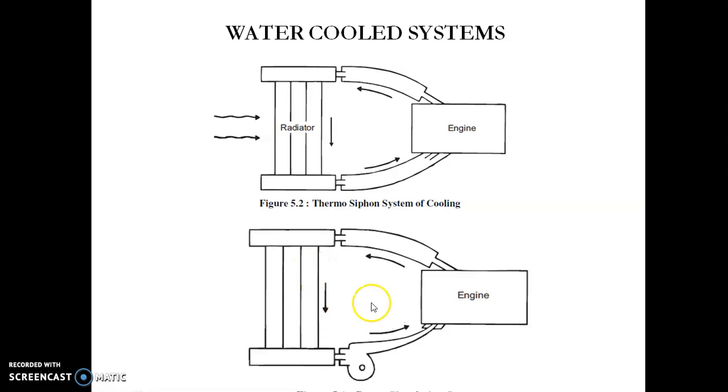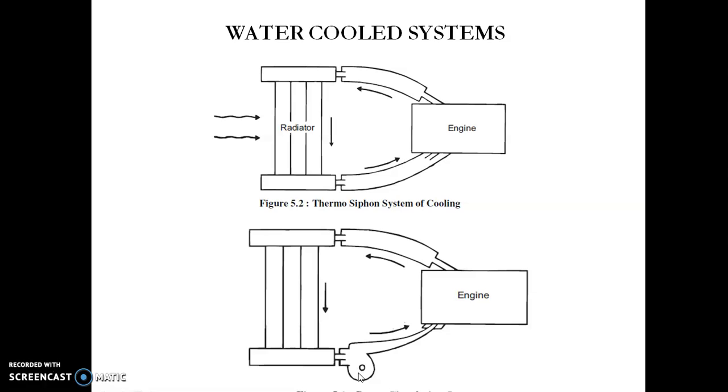In the other system, called the pump circulation system, the movement of the entire fluid is operated by a pump, normally a centrifugal pump. The cooling efficiency of the pump circulation system is good compared to the thermosiphon system, but here energy is spent for driving the pump, whereas in the thermosiphon system no energy is spent. That is the difference.